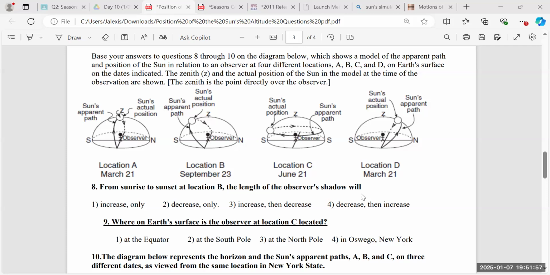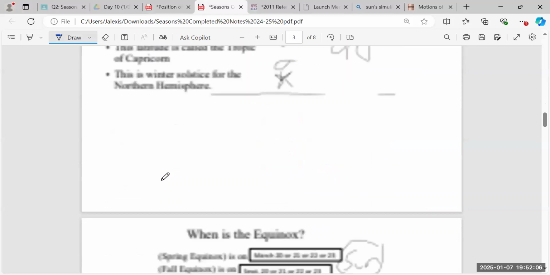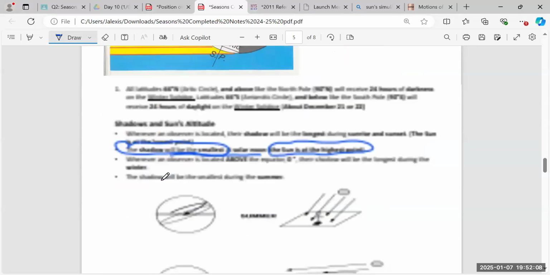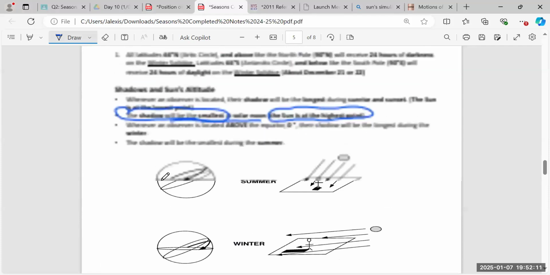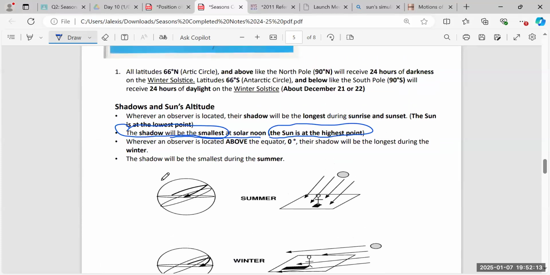Well, when we look, one of the things we've got to see is page, let me see, I think it's page 5 of the review. Yep. And it says right here that the shadow will be the longest during sunrise and sunset when the sun is at its lowest point, and the shadow would be the smallest at solar noon when the sun is at its highest point.